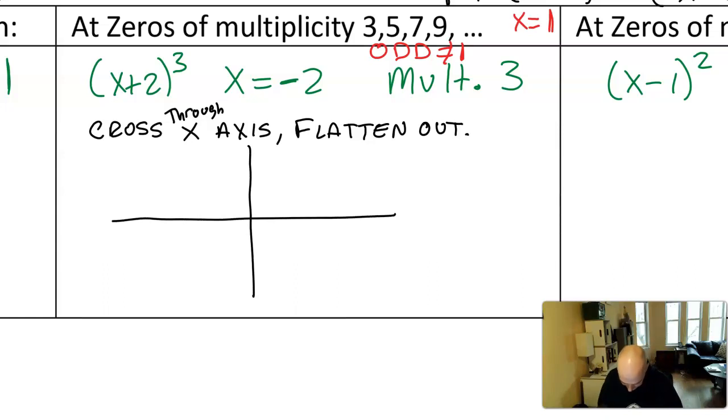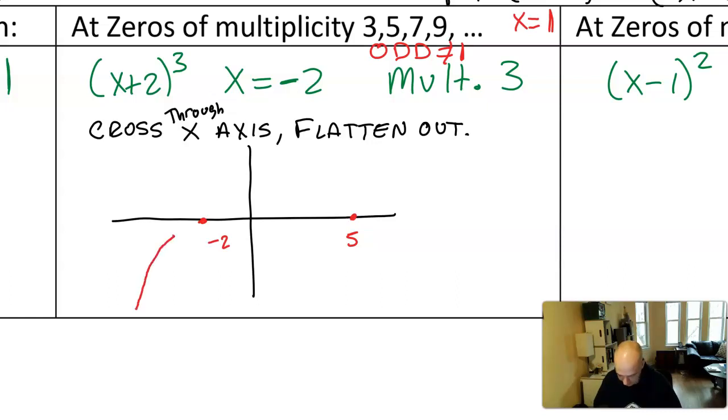So in this example, we said that there's a 0 at negative 2, so I'll mark that one. And let's say there's also another zero at 5 or something in this example polynomial. So it would be sort of maybe coming up from the bottom.